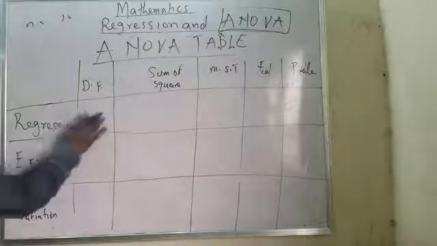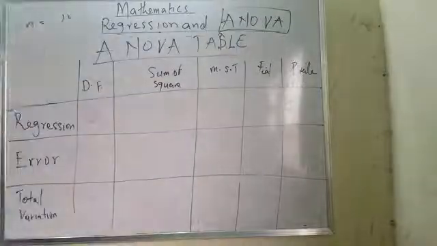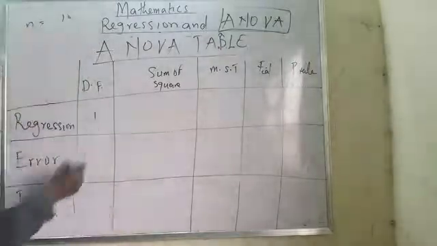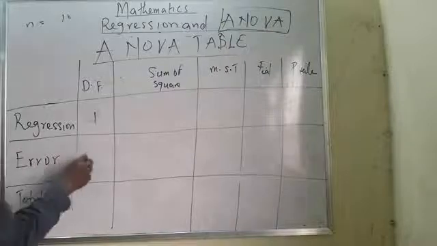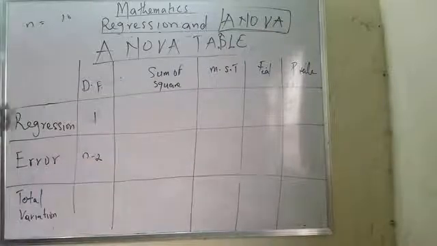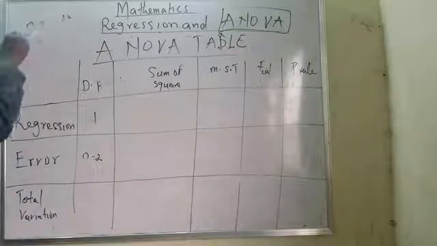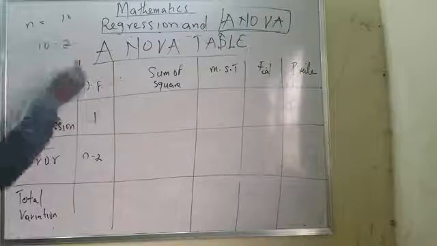Now, the next thing is the degree of freedom of regression. For regression, what you just need to do is take the number of the variable. Maybe the number of independent variables is 1. Sorry for that. Here, for error, we call it N minus 2. If your N is 10, the degree of freedom of error will be 10 minus 2, which is 8.